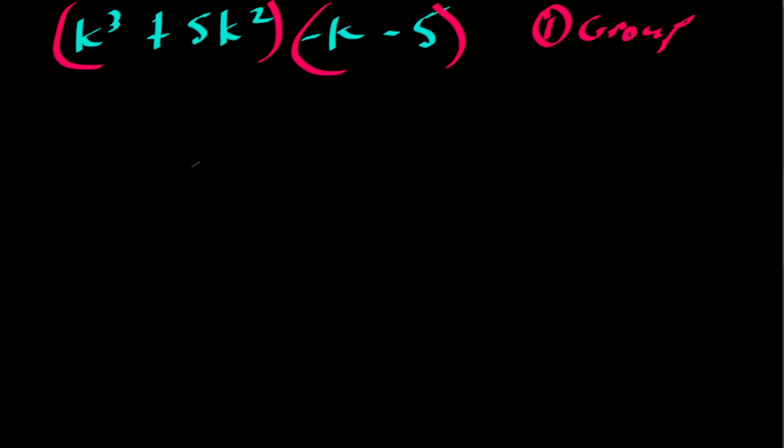Now, you'll notice I included this negative in my parentheses. When you do that, just make sure when you're factoring out your GCF that you put a plus sign out here, or just know that what we're really doing in between these two is adding.